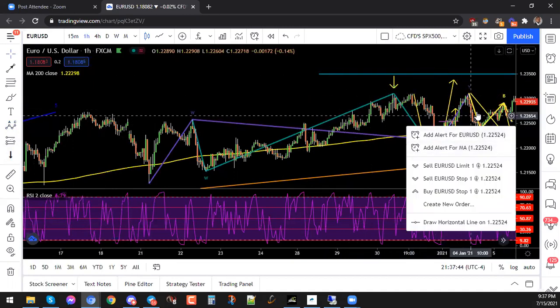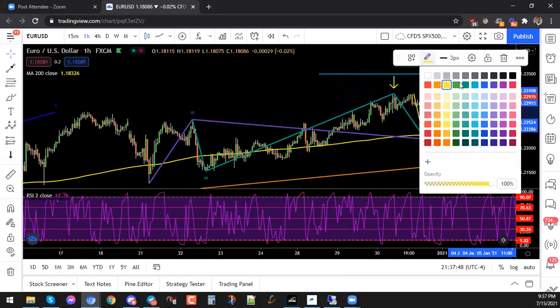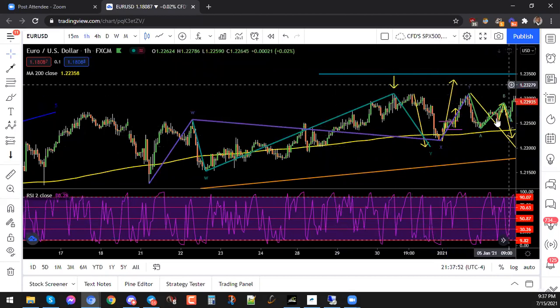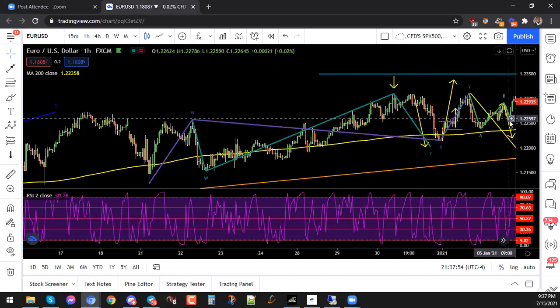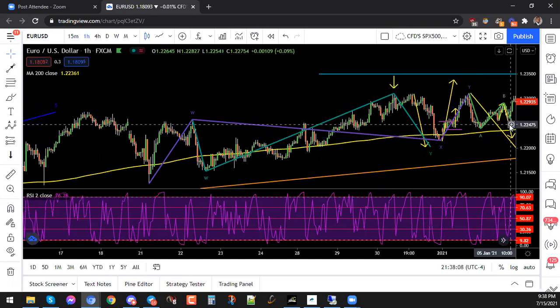And let's change the color. All right, so we don't get too confused. Good. So this could be ABC. What time is this wave completing itself? What time? It is 8, 9. So between 8 and 9 o'clock, we get a green candle.